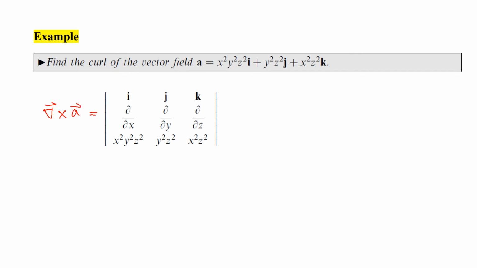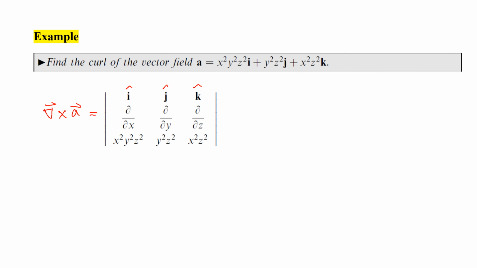On top of your determinant are your unit vectors i hat, j hat, and k hat. Next, the components of your del operator: partial over partial x, partial y, and partial z. Next, you have the x, y, and z components of your vector field A. I'll leave it to you to solve this problem.